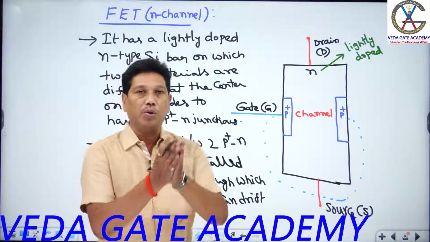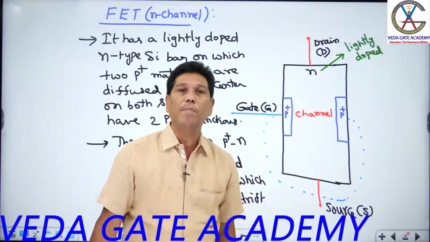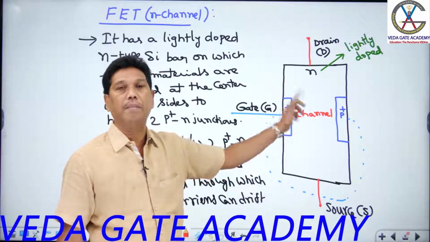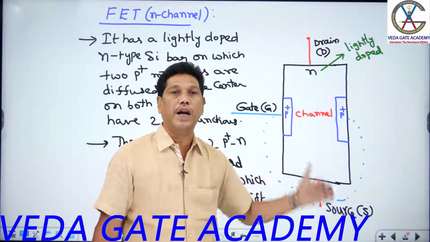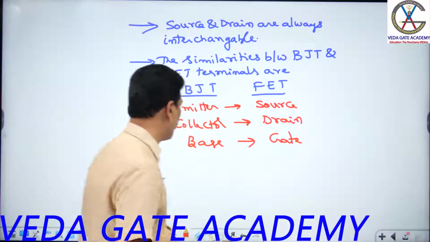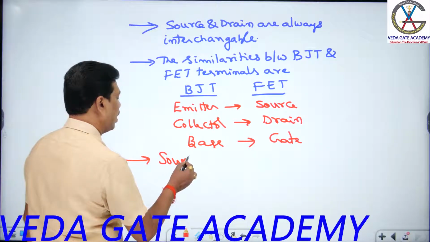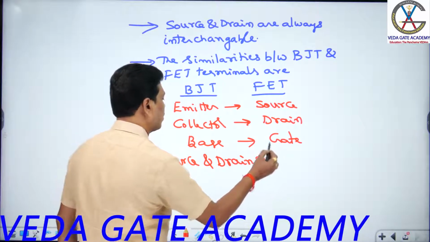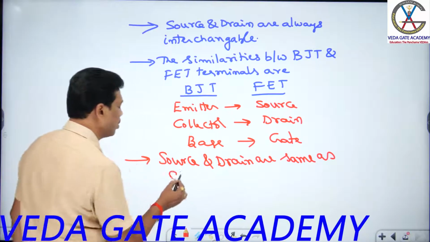So remember now, source and drain are always the same as the channel type, and gate always opposite to the channel type. So in N channel FET, source and drain are N type, gate is P type. If I go for P channel FET, source and drain are P type and gate is N type. Remember my options, students? So what I told you, source and drain are the same as the channel type.